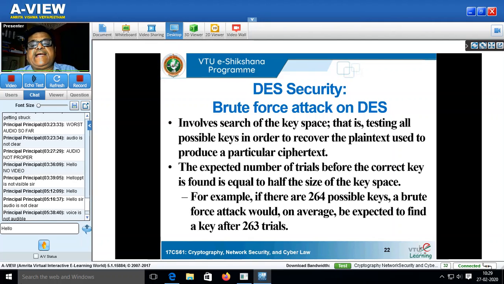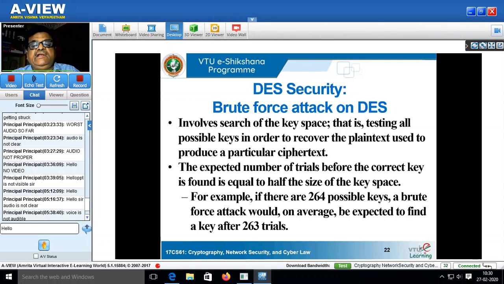the brute force attack on DES is used to recover the information, because we may be using either confusion or diffusion here. Because of that, either the relationship between the key and the plain text may not be clear, or the relationship between the plain text and the ciphertext may not be clear.